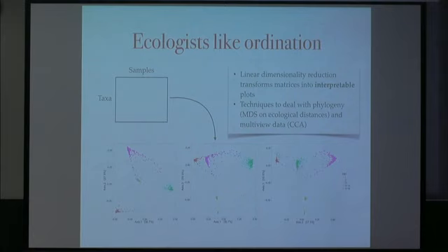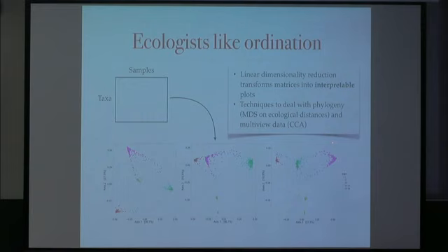So this is a very useful approach, and there are techniques that have been developed in the ecology community to deal with different problems that I've already discussed, like how to use the phylogeny. If you do multidimensional scaling and you use ecological distances that take into account the phylogeny, this will give you a more meaningful result than doing, say, a principal components analysis.